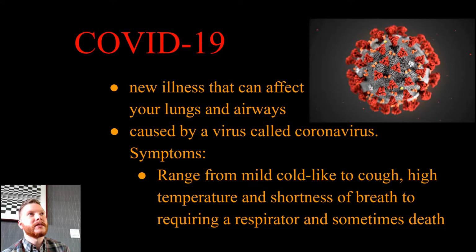So obviously this is very different for each person. So they keep saying if you are immunocompromised, or if you're older, or if you have issues with your lungs or shortness of breath or asthma and all that stuff, you'll have a harder time with this. But those are the basic symptoms.